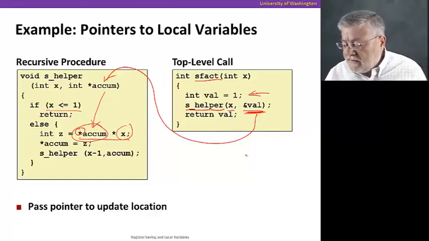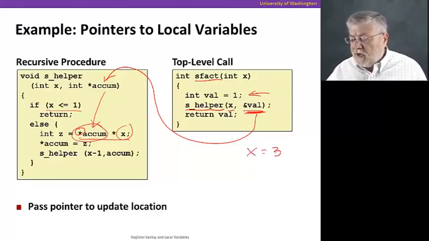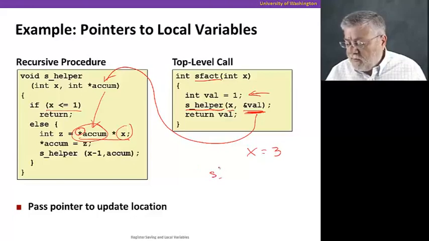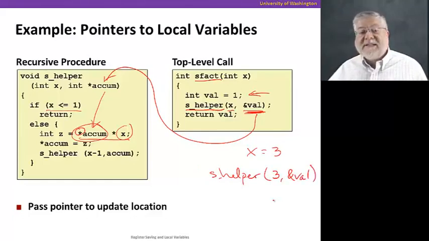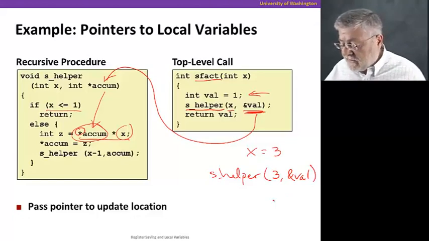So when we start here, let's say that x was equal to 3. We would start with shelper being called with the value 3 and the address of val, which has a value of 1 stored at that address.